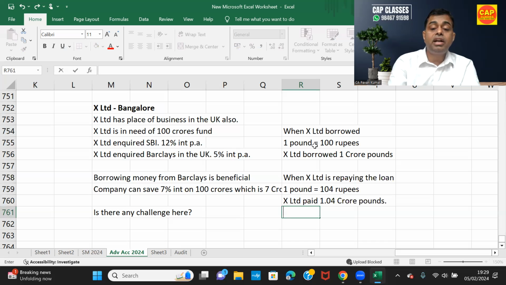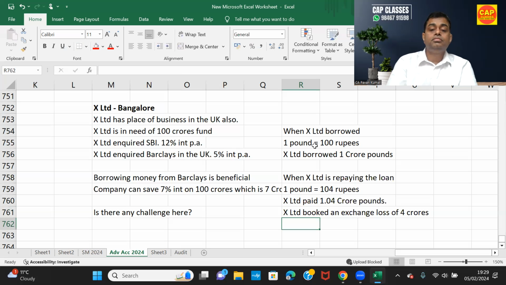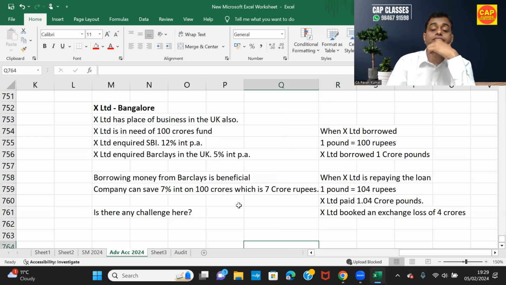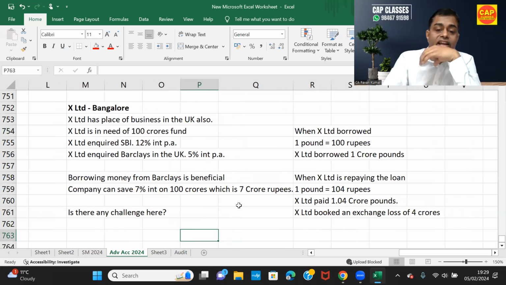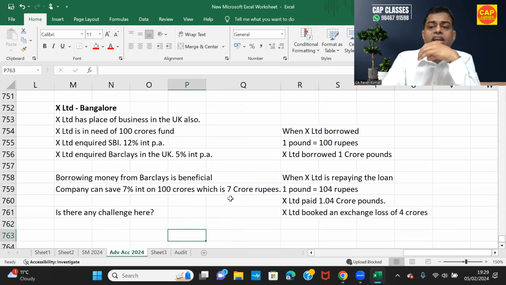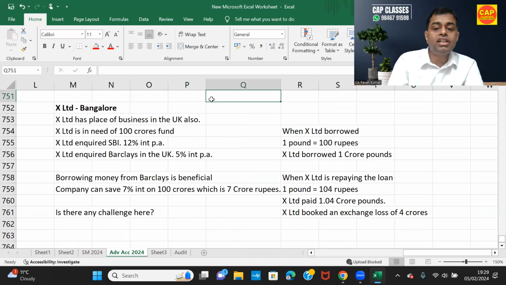So X Limited booked an exchange loss of 4 crores. Do you understand this example? Devika, do you understand? Yes, sir. So ICAI says, accounting standard 16 says, hey, don't worry. What is the actual interest paid?